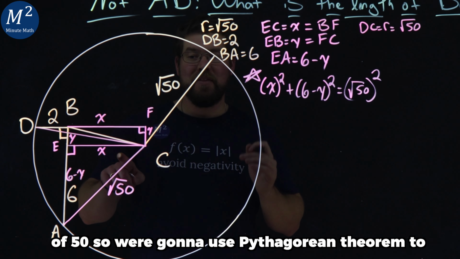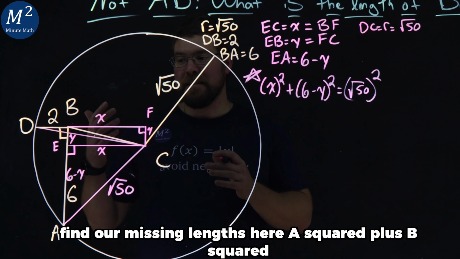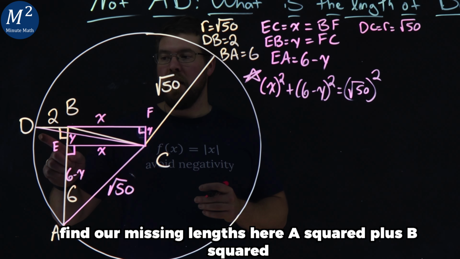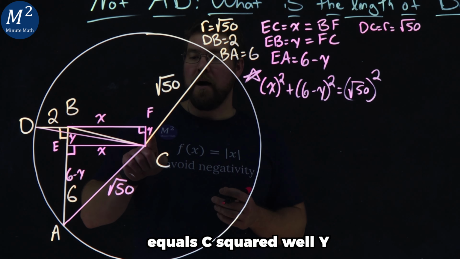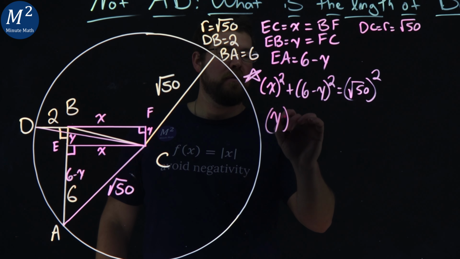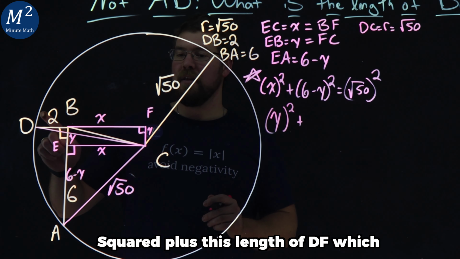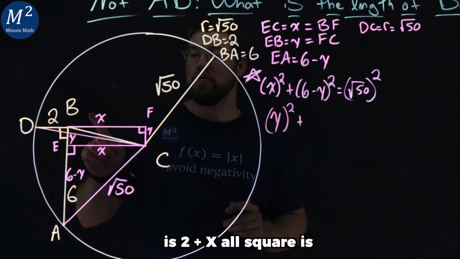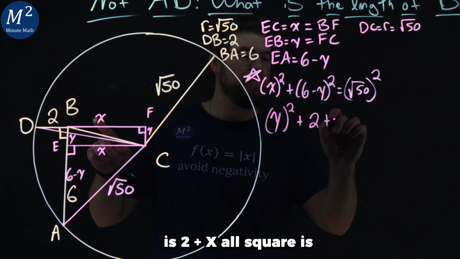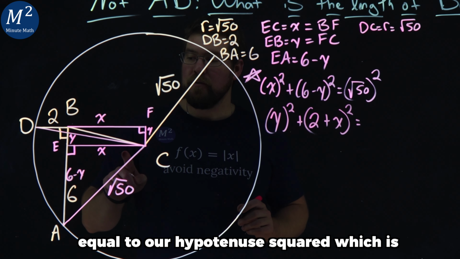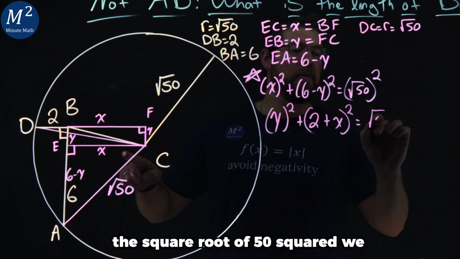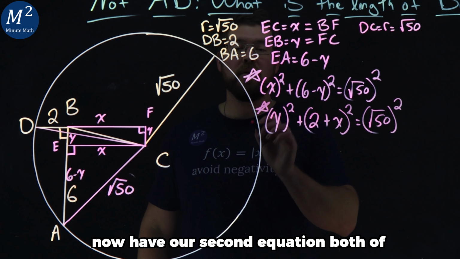So we're going to use Pythagorean theorem to find our missing lengths here. A squared plus B squared equals C squared. Well, Y squared plus this length of DF, which is 2 plus X, all squared, is equal to our hypotenuse squared, which is the square root of 50 squared. We now have our second equation.